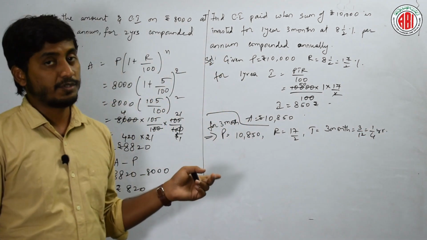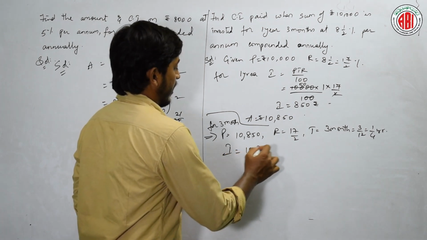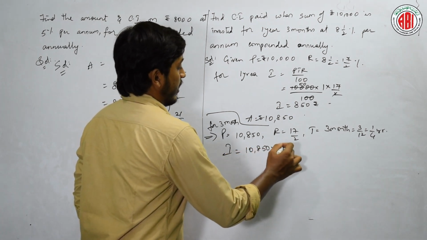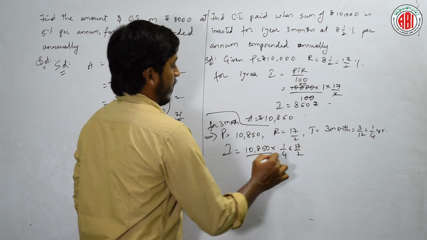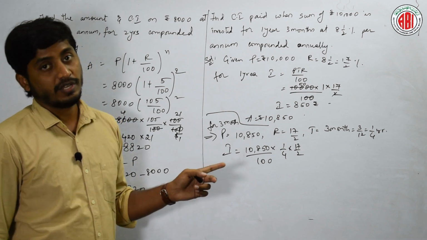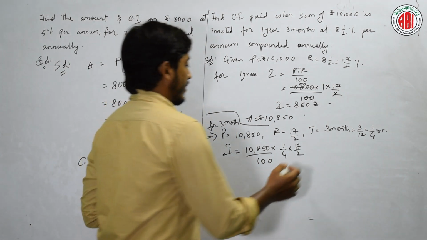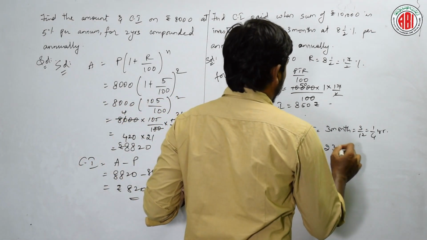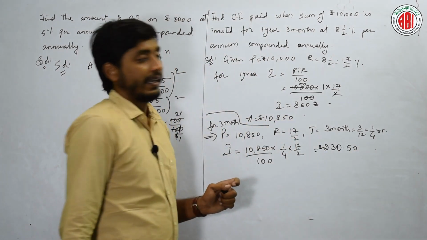Let us substitute that. I is equal to PTR by 100. Is it clear? Now just divide and tell me how much we get. That is nothing but 230.5. This is the interest.